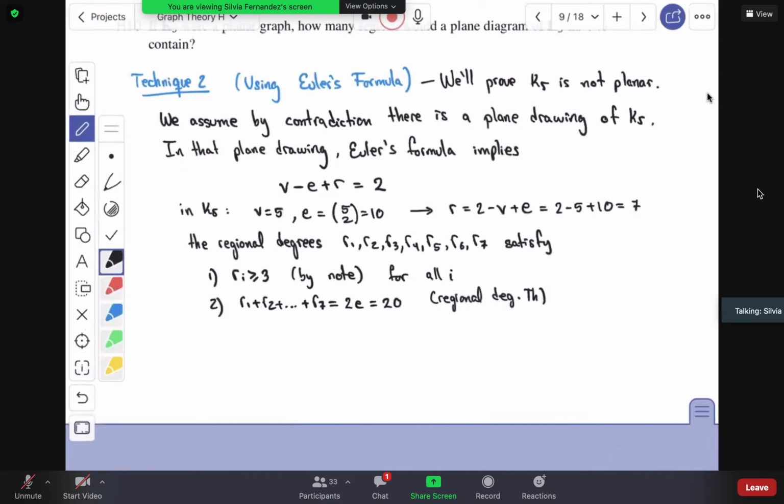So what do we have? We have that 20 equals R1 plus R2 plus up to R7, which is greater than or equal to 3 plus 3 plus up to 3. All of them are at least 3. And this is 21. That's the contradiction. 20 greater than or equal to 21.